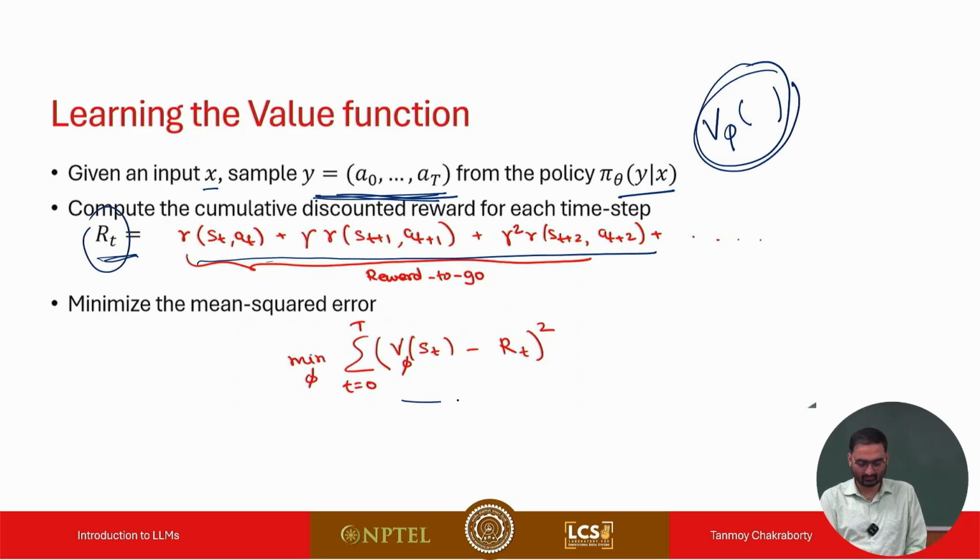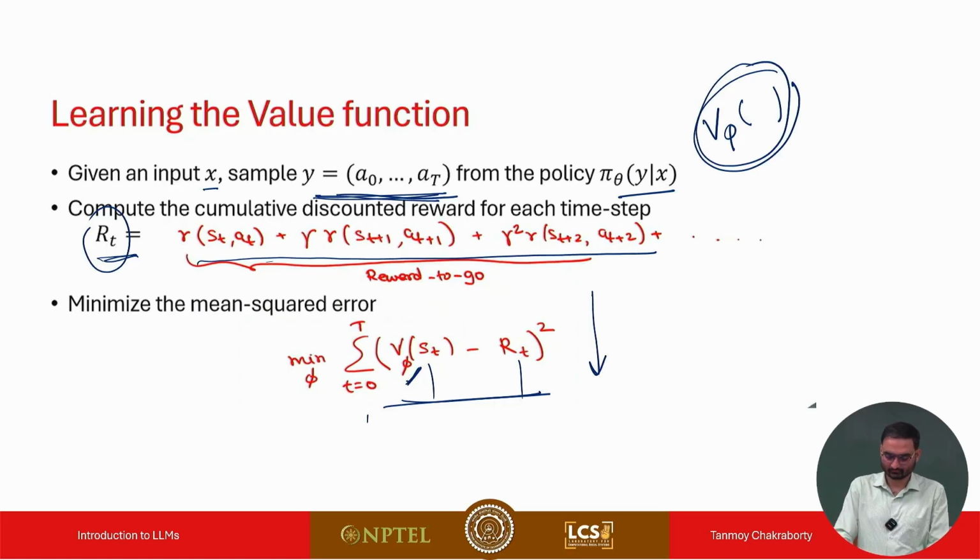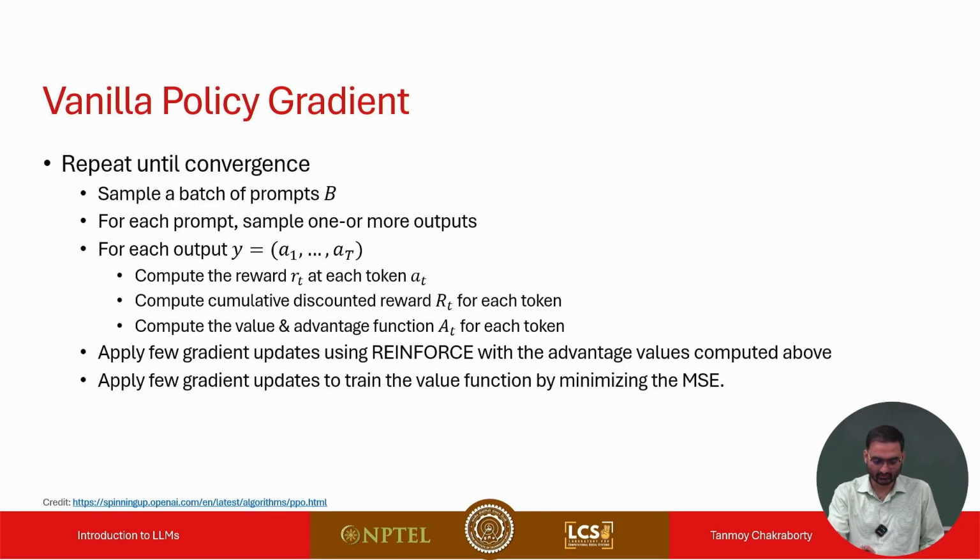So I will minimize this mean square error, minimizing over all tokens the difference between the value and the reward. Through this, when we backprop, I will also update the linear layer which is responsible for the value function. So this is my vanilla policy gradient method.